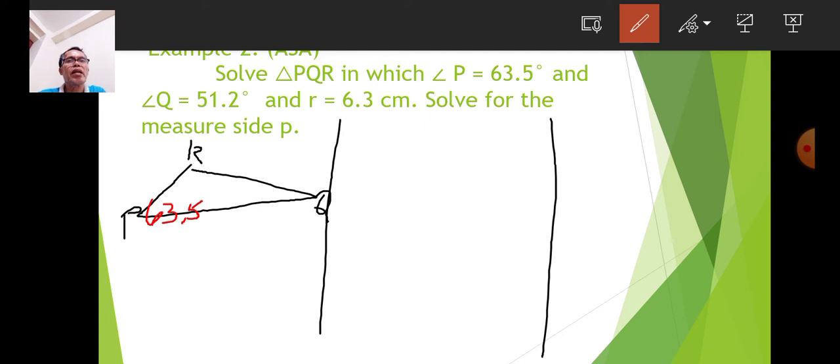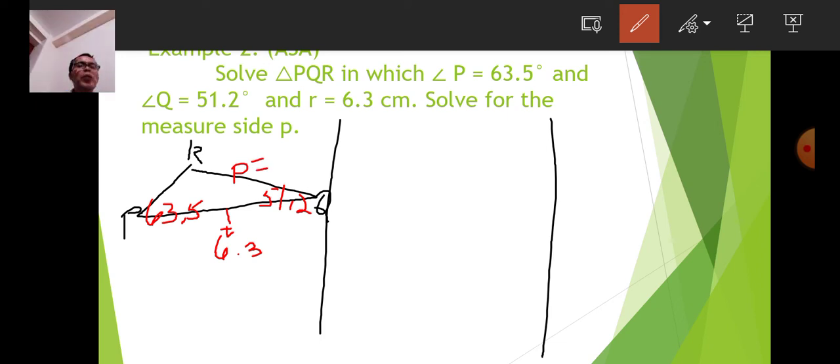And angle Q is 51.2, so this is 51.2. And R, so this is side R, is equal to 6.3. And we are told to find this side P.